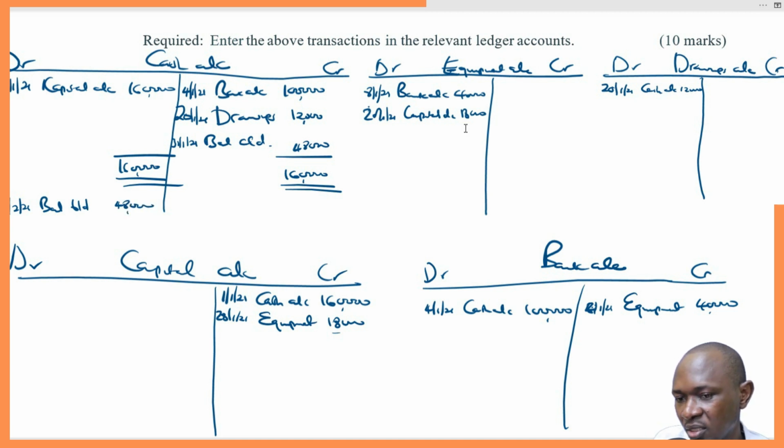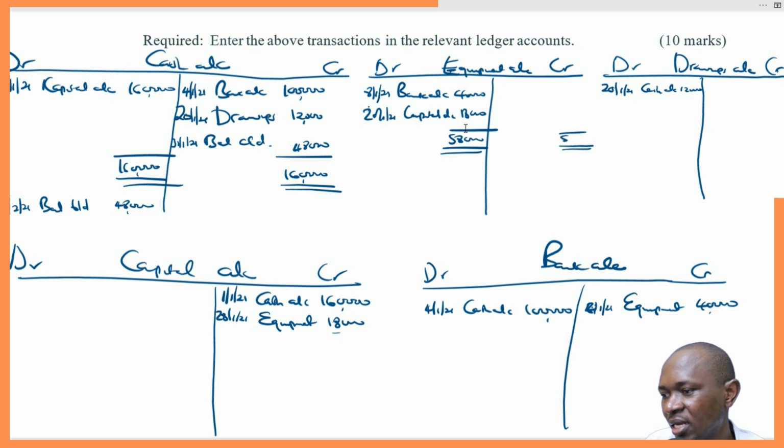This, when it crosses, it becomes a debit. So here we will just close. The total is 58,000. We don't have anything on the credit side. So this will be a balancing figure. Then you say that first 121 balance carried down is 58,000. Then we come here, we say 1,221 balance brought down is 58,000, like that.